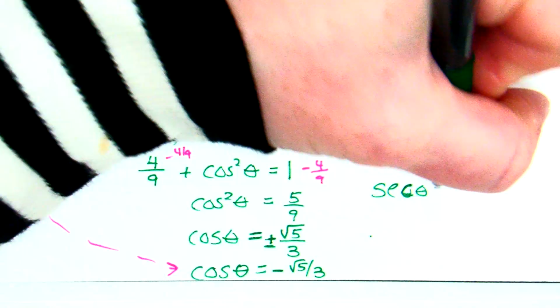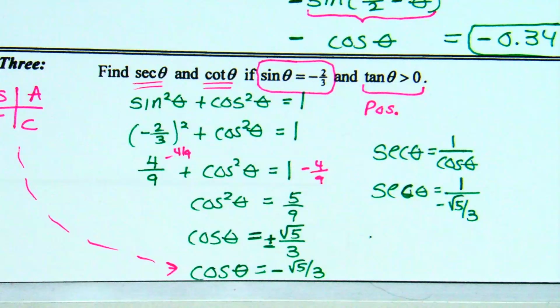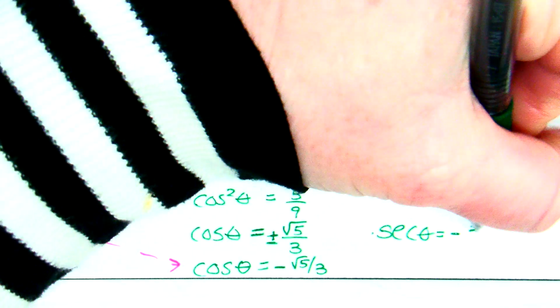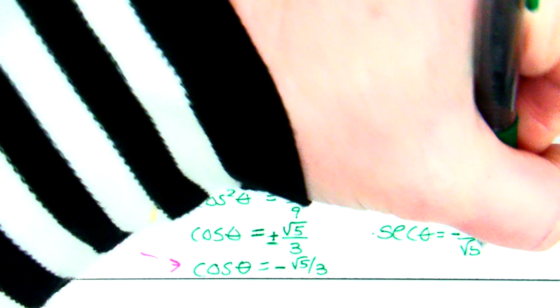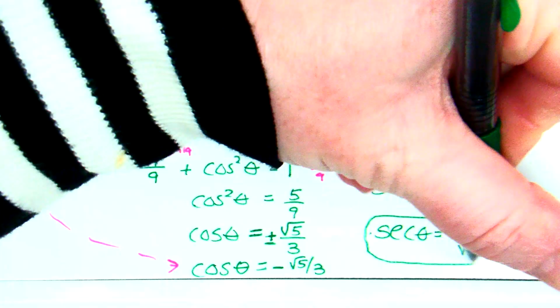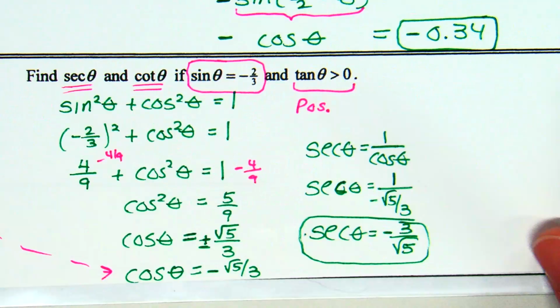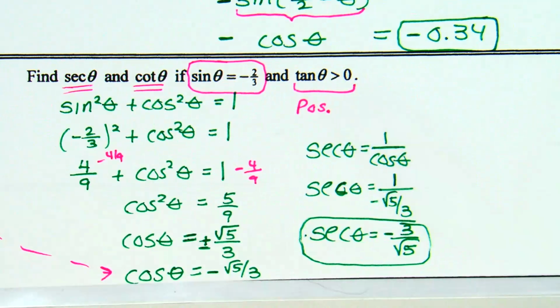Secant is 1 over the negative square root of 5 over 3. What happens when you do 1 divided by a fraction? Flip that bottom fraction up. And so that means that secant theta is negative of 3 over square root of 5. Okay. Not quite done.